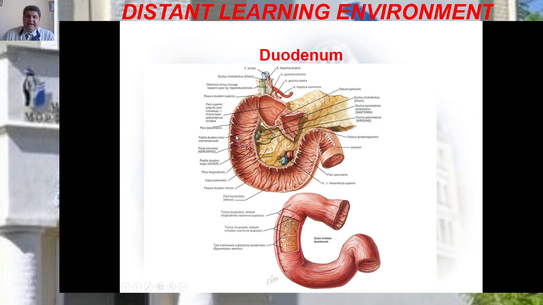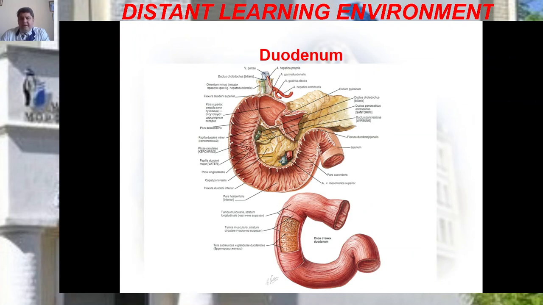And you may see that the duodenum has the same layers as the esophagus or stomach. It has mucous layer, muscular layer, and also peritoneal layer.